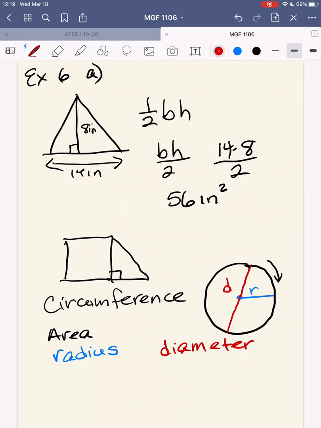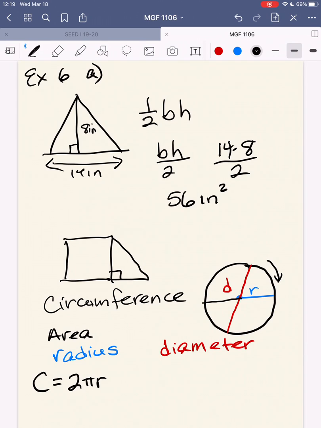Okay. So basically, if I took two of my radiuses, or took my radius and doubled it, then I would have my diameter, okay? So the formula for circumference, there's two of them depending on what you're given. If we're given the radius, it's 2 pi r, which makes sense because the diameter is twice the radius.